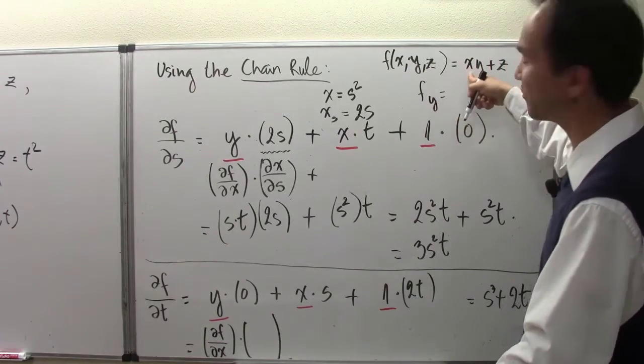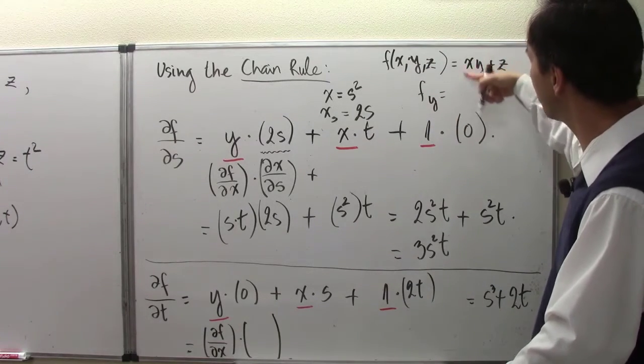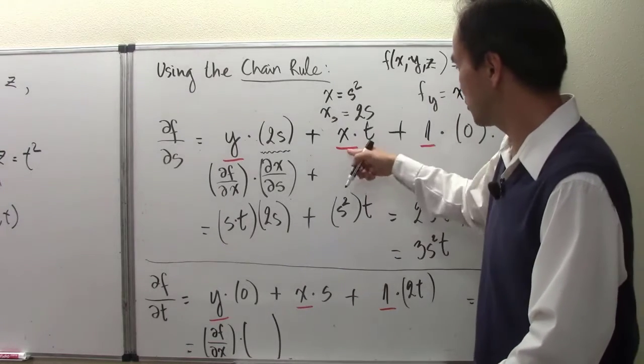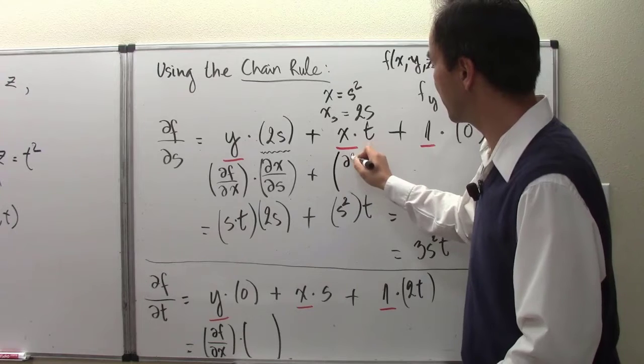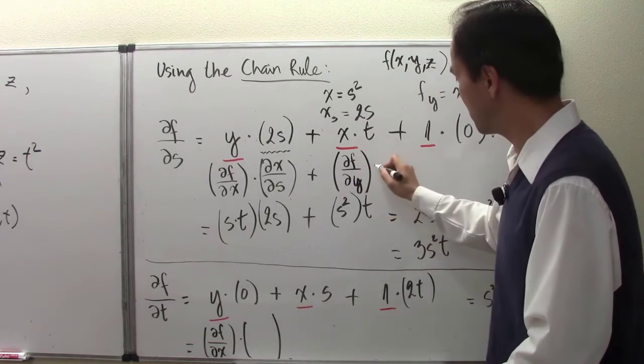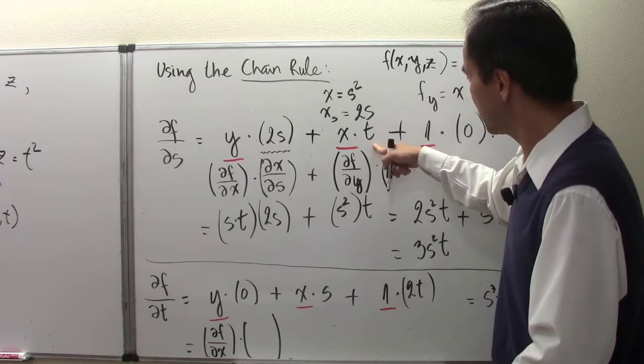Think about it: if we took the partial derivative of my original function with respect to y, the first term becomes x. That last term is 0. So that's what it is, the partial derivative of f with respect to y. Okay, and then multiplied with t.